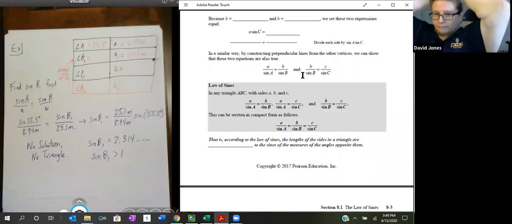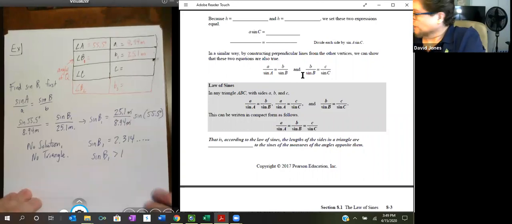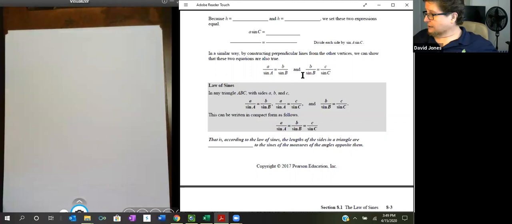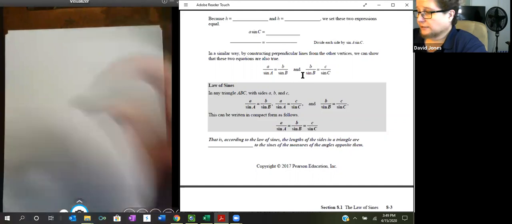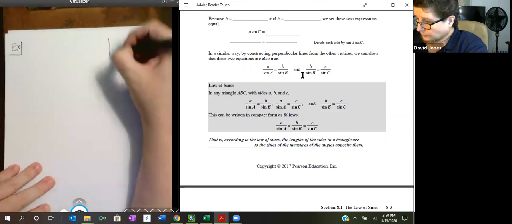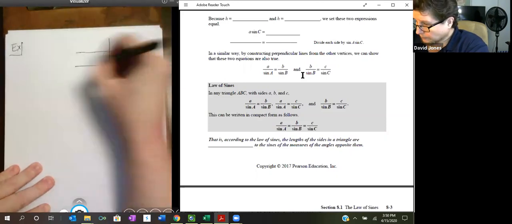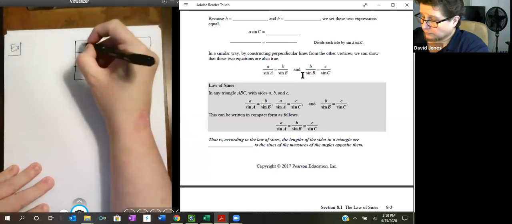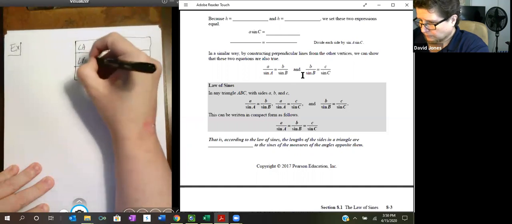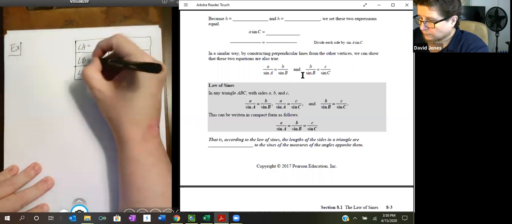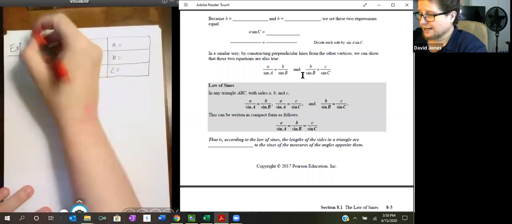Okay. Let's do the next one. Again, given is in red.